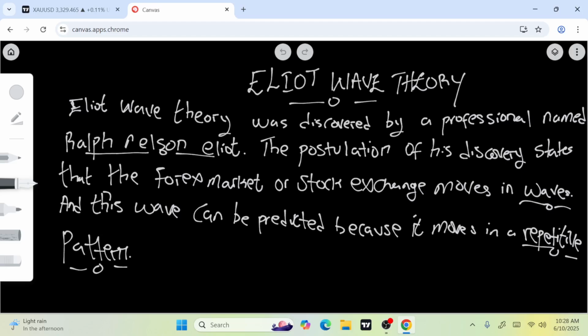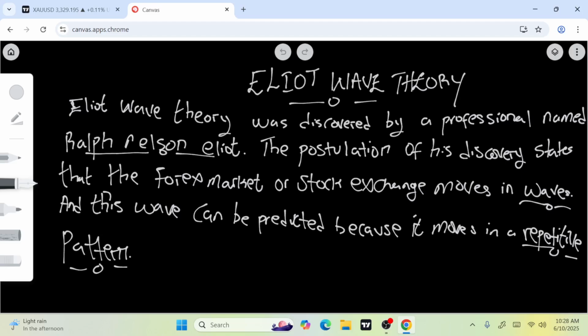See that long streak, 66 years to 70 years of his life. So this postulation was made during the 80s or 90s. Before he finally discovered and affirmed that yes, the market moves in certain waves.